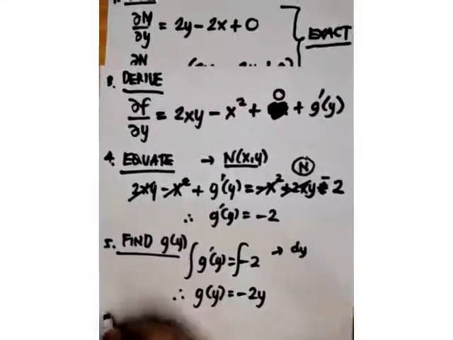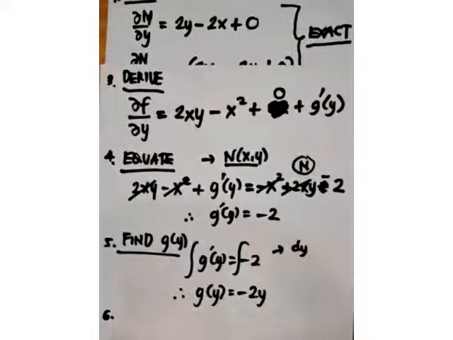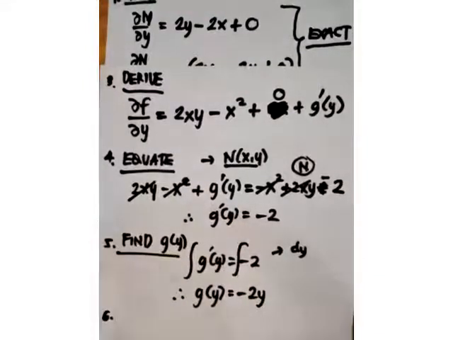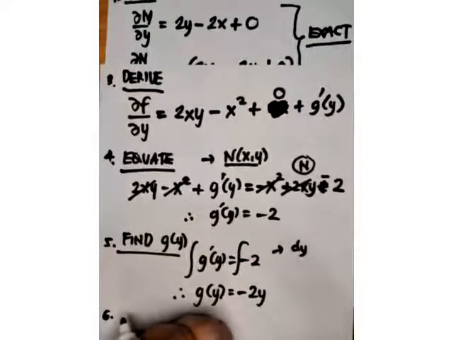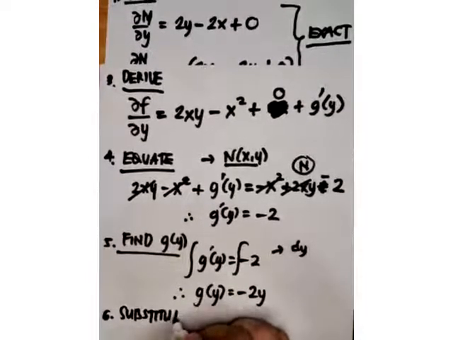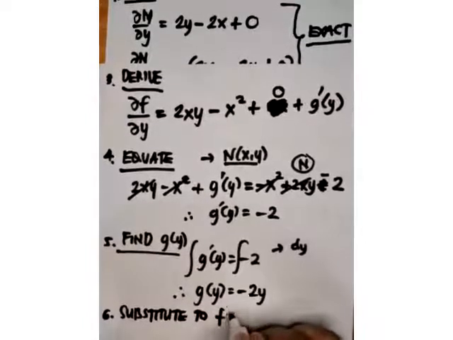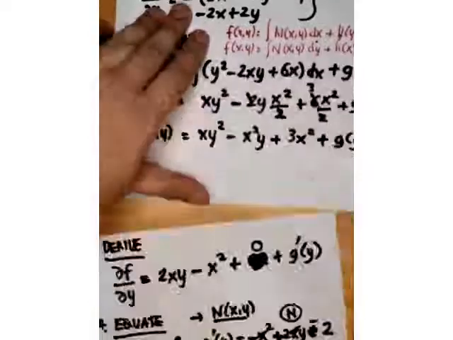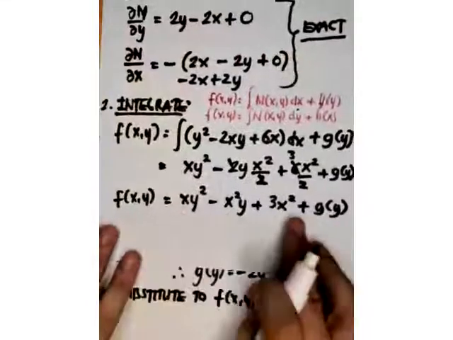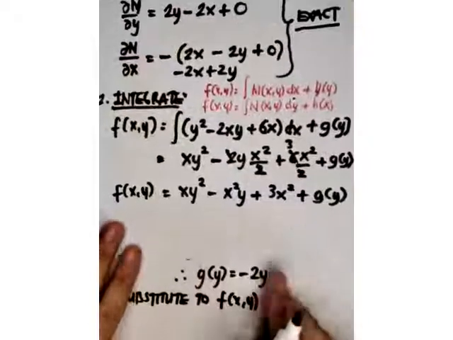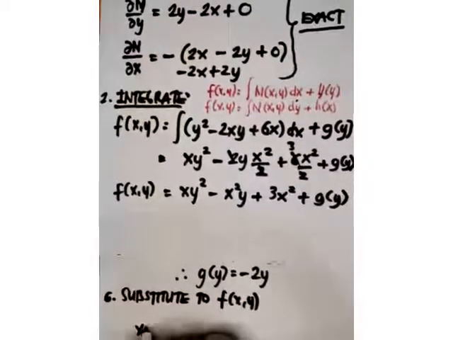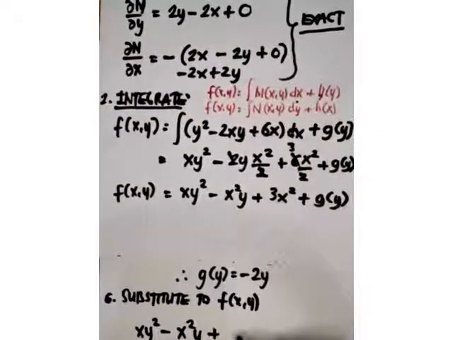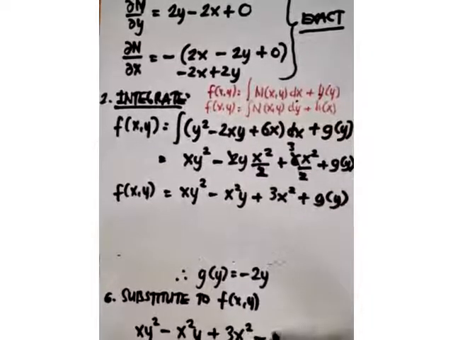Tapos na. Then, 6th step. Actually, gawa ko lang yung step na ito, para lang hinati-hati ko lang yung talagang step, is substitute. Okay, hanapin niyo yung may g of y. Ayan, ito siya. Okay, i-substitute niyo lang yung sagot natin dito. So, xy squared minus x squared y plus 3x squared minus 2y.